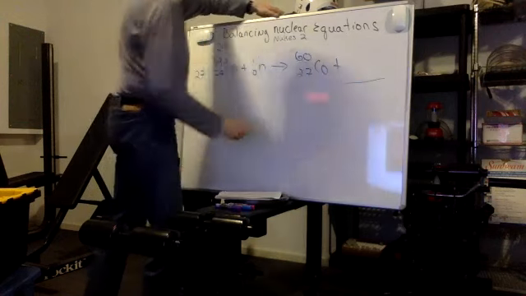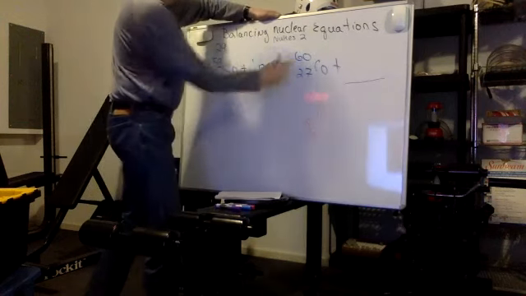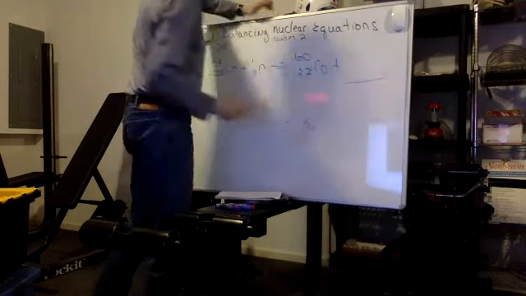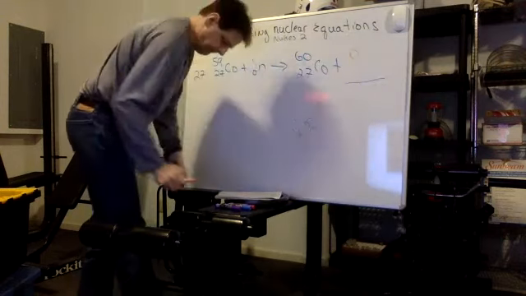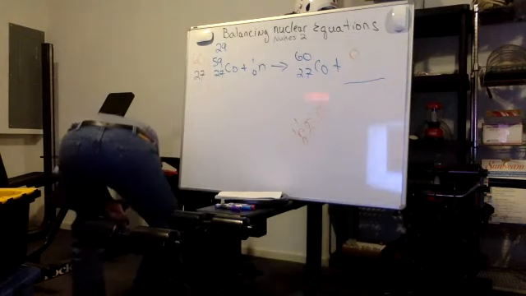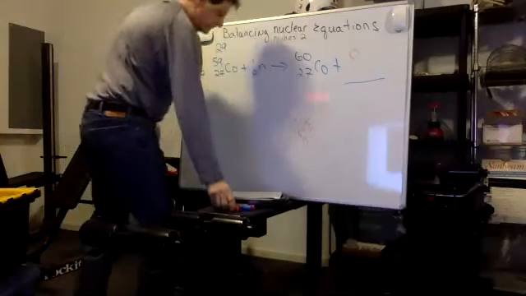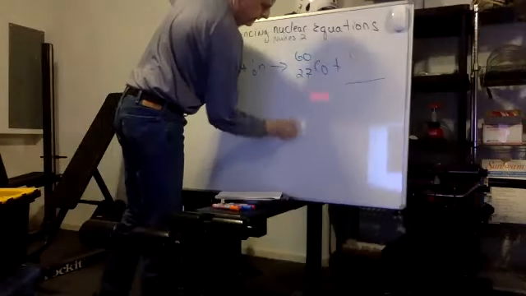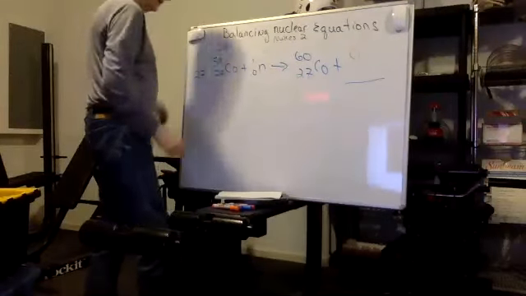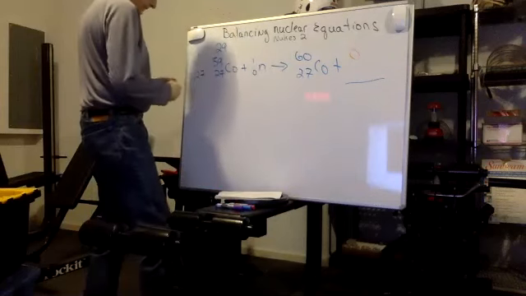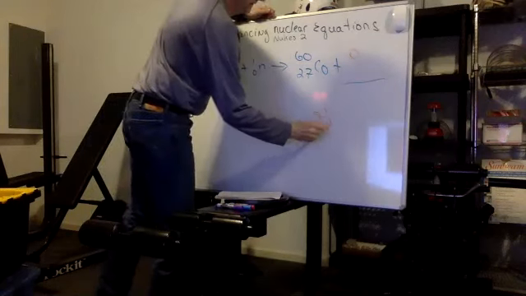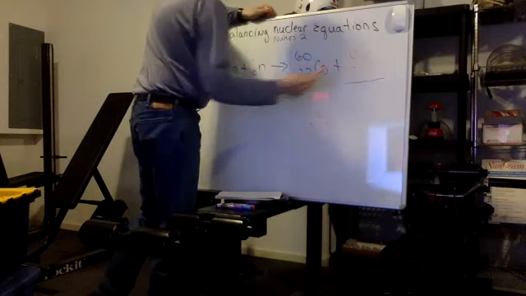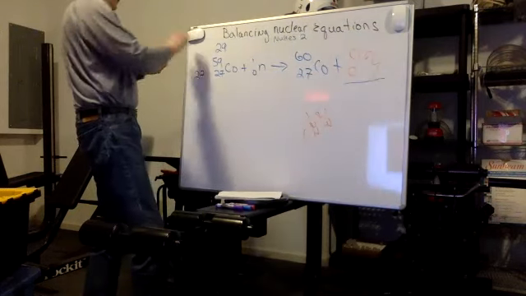So we'll take the 60 and subtract that 60, and that's going to be 0 on top. And on the bottom, 27 less 27 is 0. 0 over 0 is going to be a gamma particle.